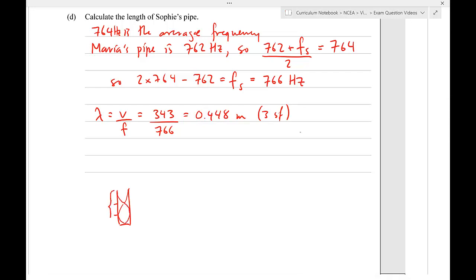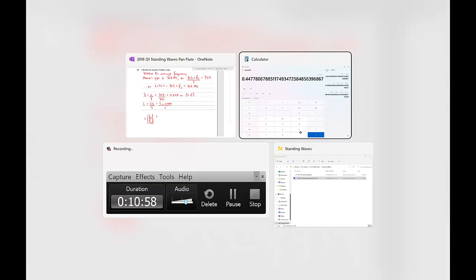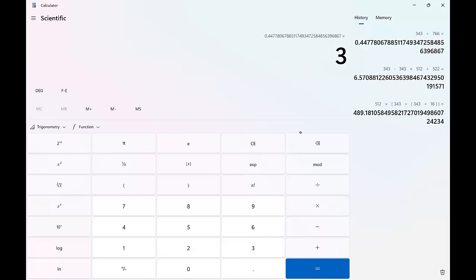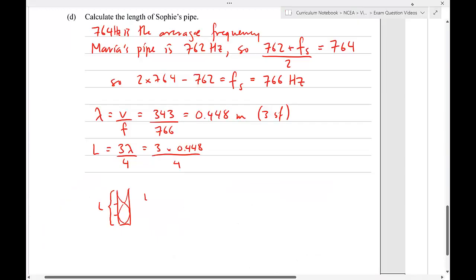So we know that the length, L, has got to be equal to 3 lambda over 4. So that's 3 times 0.448 over 4. So we'll just go times 3 divided by 4, and we get 0.336 meters.